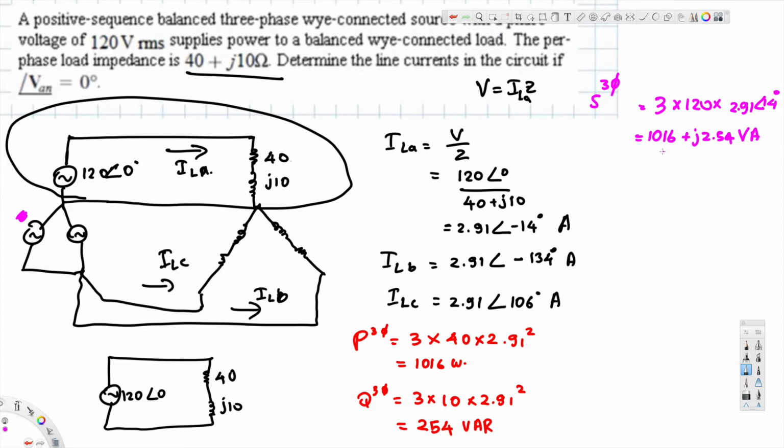Okay, now we can also find out the three-phase power absorbed using a different formula. P three-phase is going to be equal to root 3 VL IL cos phi.